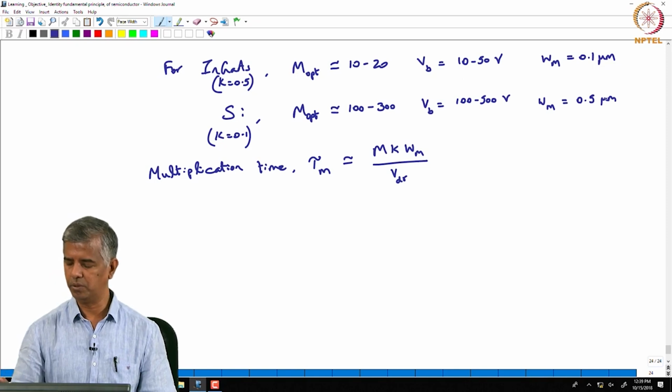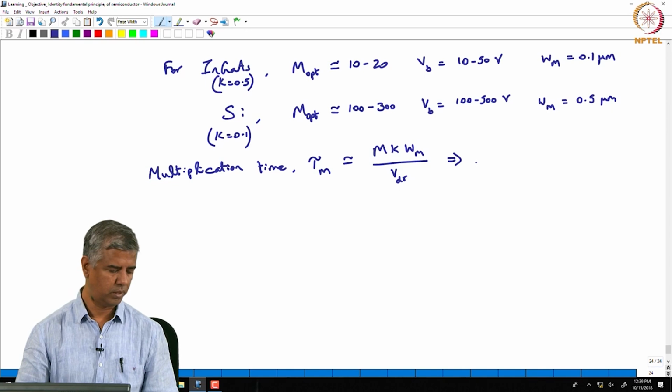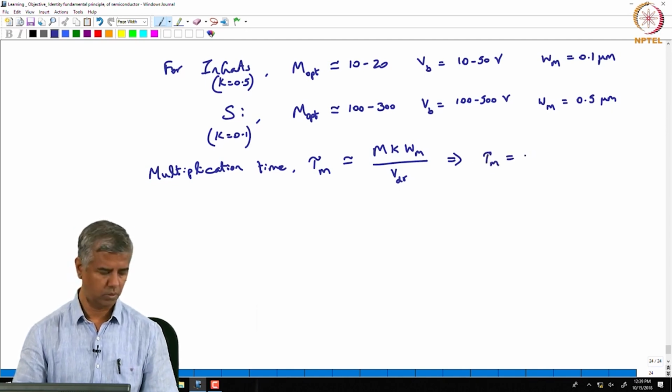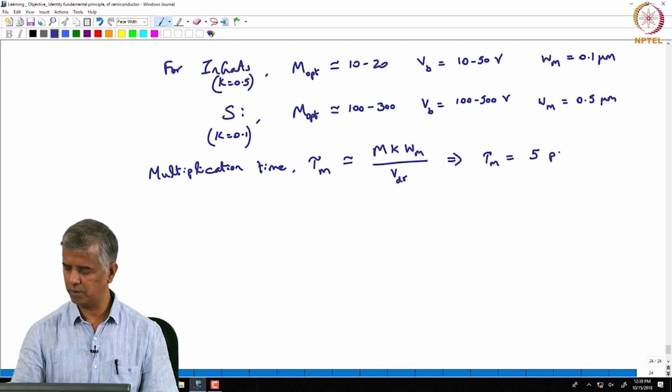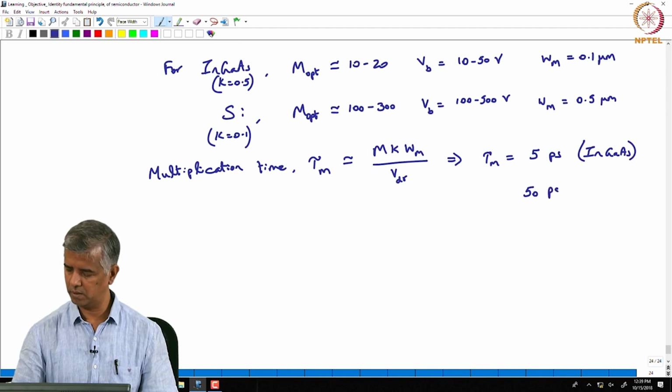If you substitute in here, what you find is tau m equals 5 picoseconds for indium gallium arsenide, whereas it is in the order of 50 picoseconds for silicon.